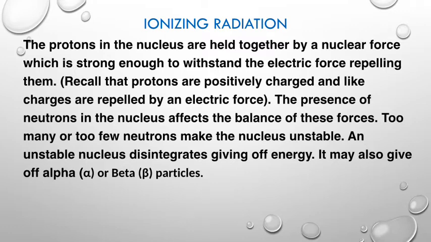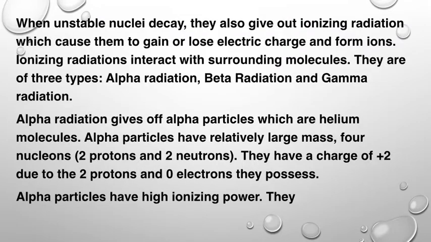In the process, it could also give off alpha or beta particles. When unstable nuclei decay, they also give out ionizing radiation. Ionizing radiation is what causes atoms to gain or lose electric charge and form ions. So these ionizing radiations interact with surrounding molecules.